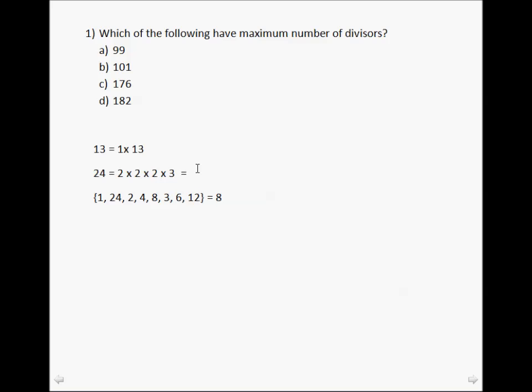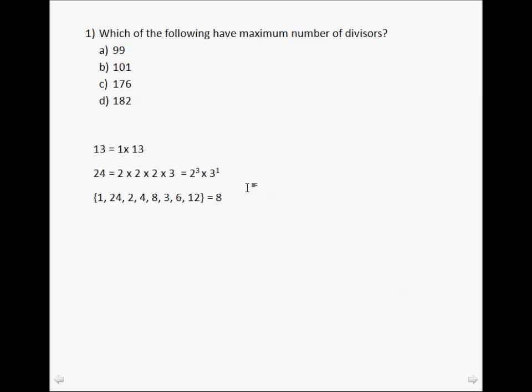So we can write this number as 2 raised to power 3, 2 cube multiplied by 3 raised to power 1, right? So power of 2 is 3, power of 3 is 1. In how many ways can we choose 2? We can choose 2 in 4 ways. We can choose either 0 2, 1 2, 2 2's or 3 2's, right?